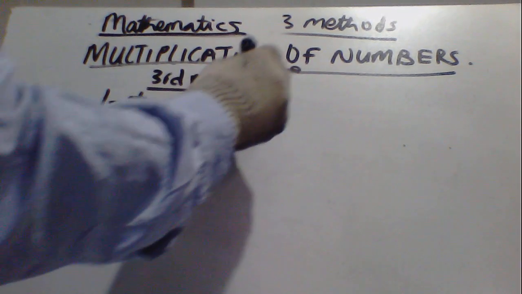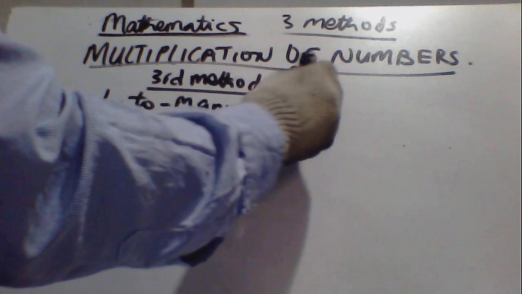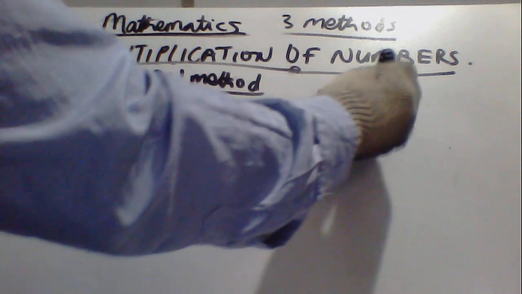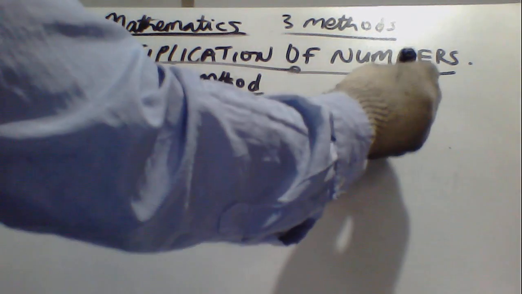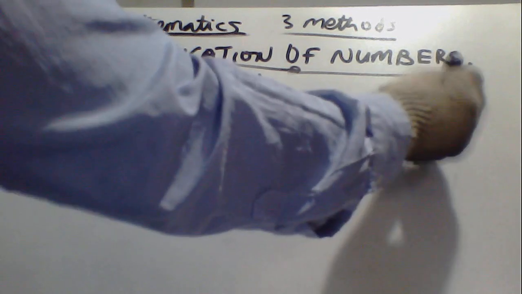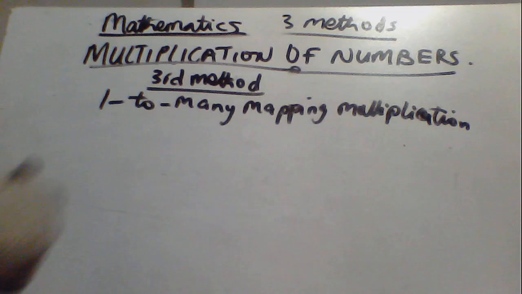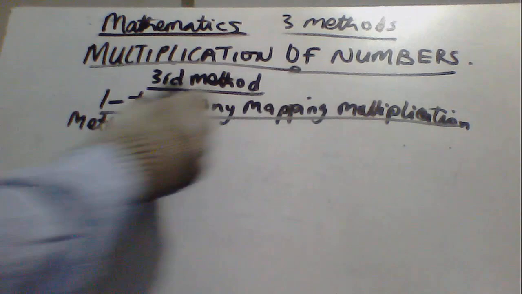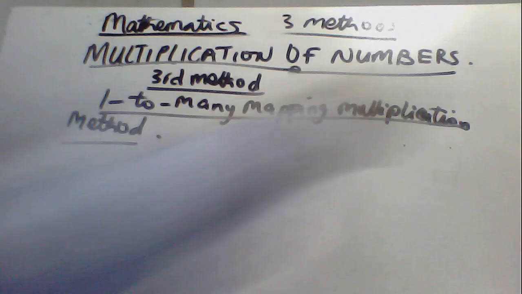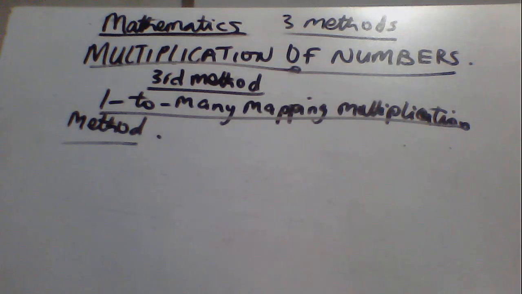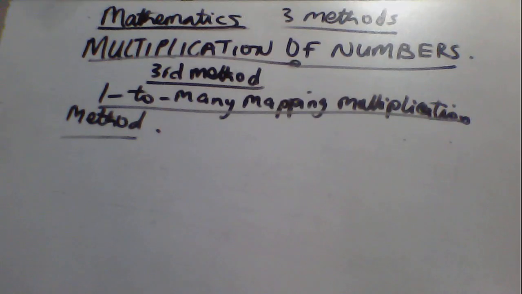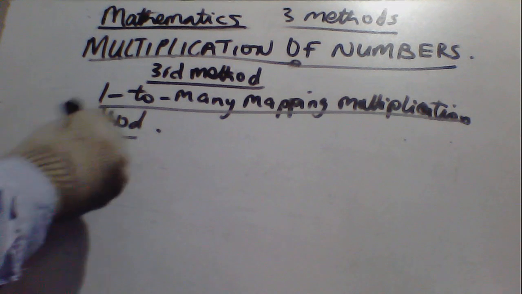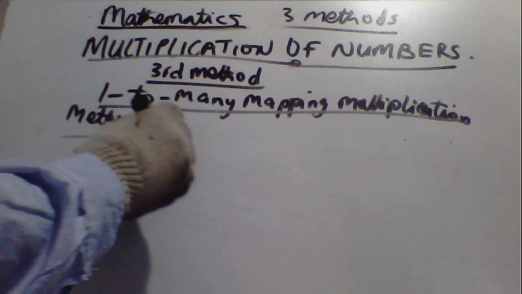This method is useful if you are still learning how to multiply numbers, because you end up multiplying zeros and the unit numbers, so it will be easy. For example, 47 times 68.